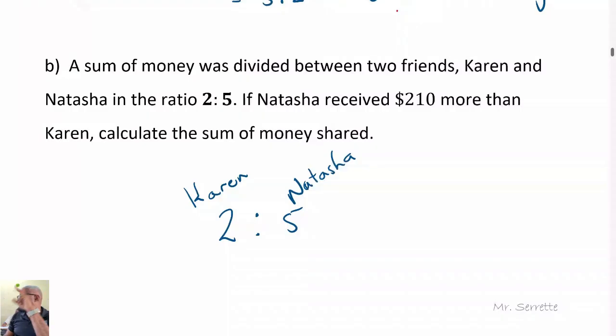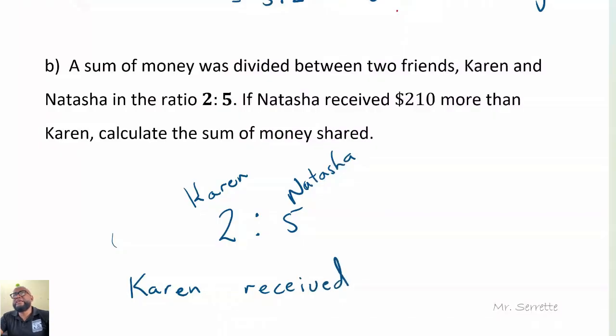If Karen received 2 parts, Natasha received 5. How many more parts? 3. Natasha received 5 minus 2, which is 3 more parts.